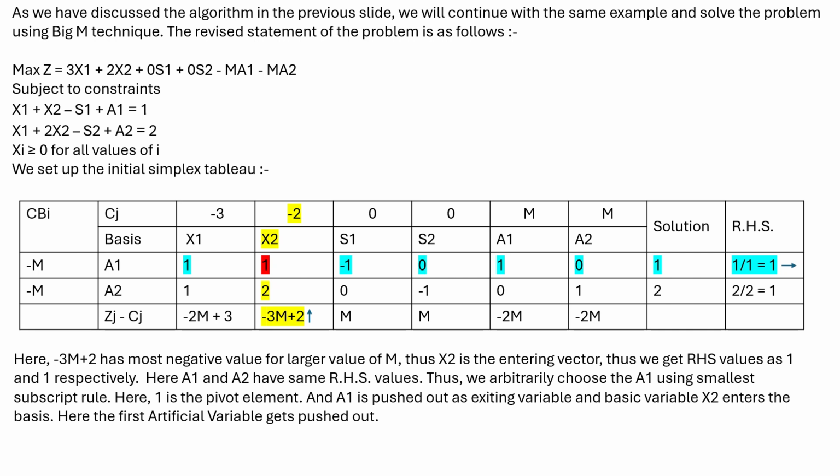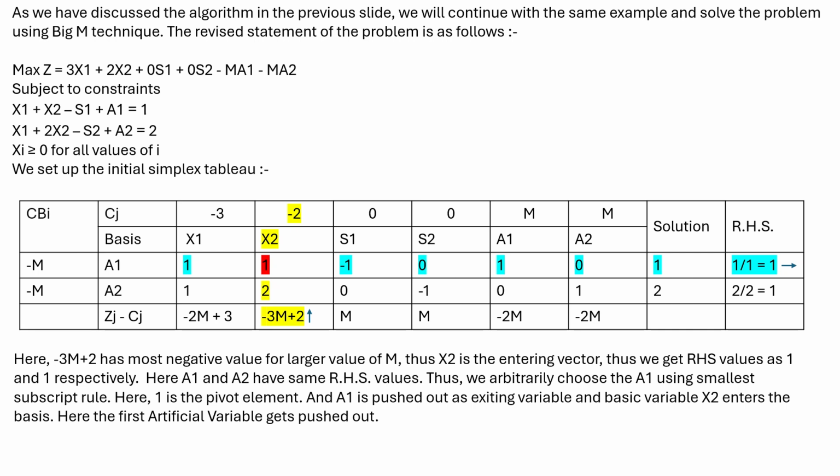So we arbitrarily choose a1, the artificial variable 1, the row corresponding to artificial variable 1, using the smallest subscript rule, that is, among a1 and a2, these 1 and 2 are the subscripts, so out of these subscripts 1 is the smallest, so we consider a1 as the exiting variable. It will exit. I have highlighted this pivot row in blue color.